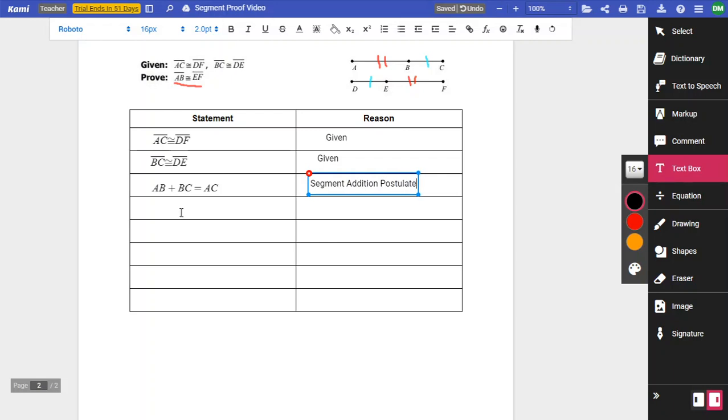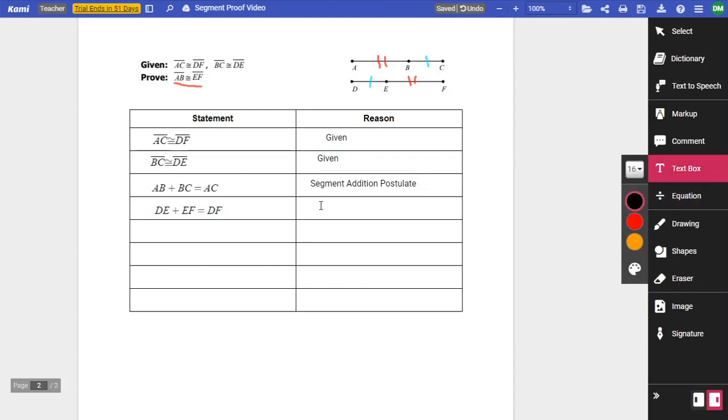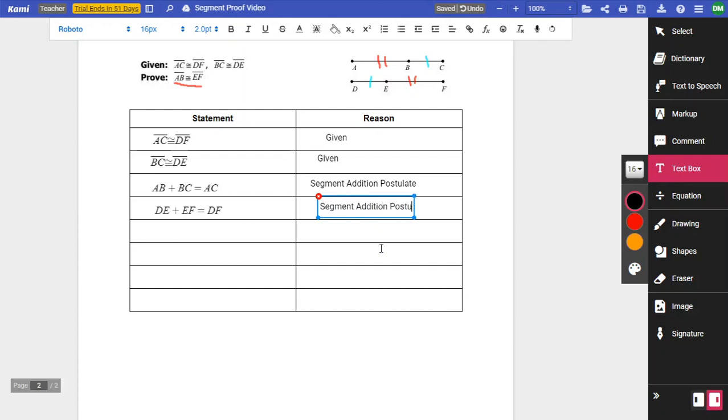And now I'm going to do the exact same thing for segment DF. I'm going to say that DE plus EF is equal to DF, also by the segment addition postulate. Okay, so we've got our equations out here, and now we're going to use some of our given information to start combining these equations.